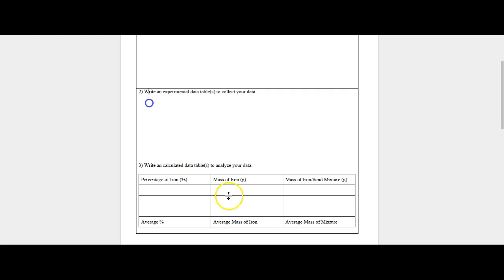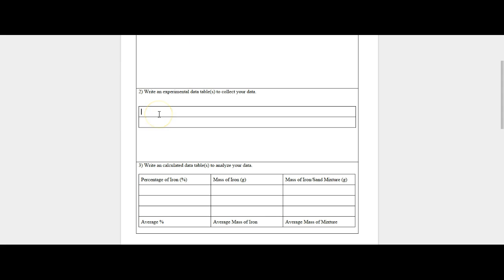Now, that means that in order to get this, I know that I need this and this. Let's talk about this one first. Again, that can't be right on the scale. It's going to be inside of something, so maybe it is inside of a beaker to start. Mass of iron, sand mixture, and beaker.